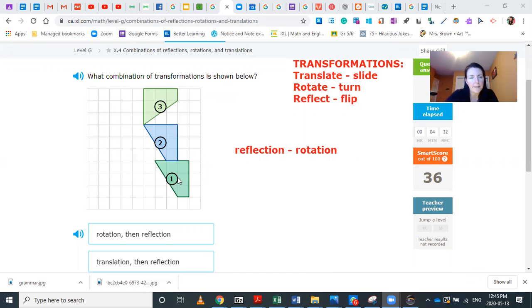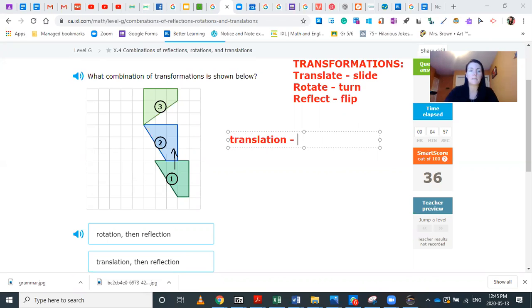From number 1, I have slid it straight up. It's the same. The long part is at the top. The short part is at the bottom. So that first part there is called translation, where you slide it from one spot to the next.